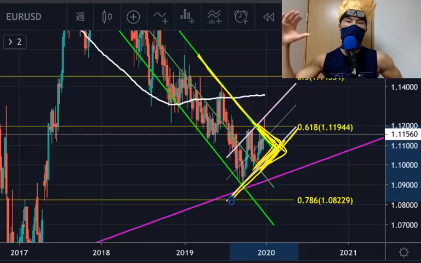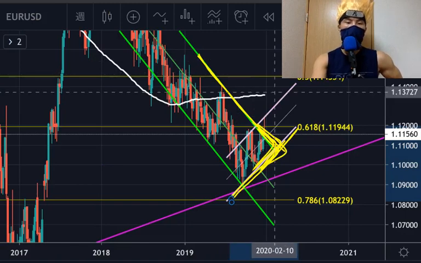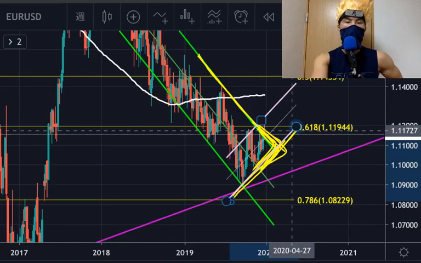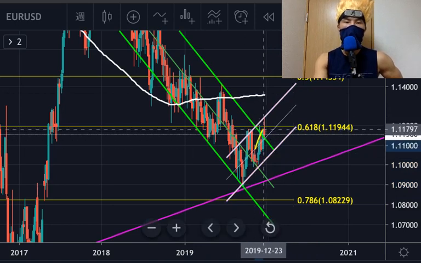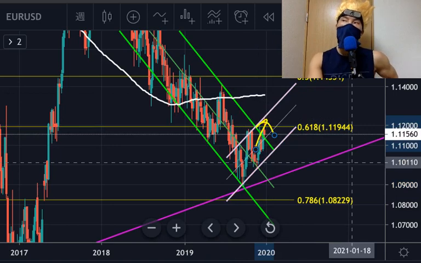The candlesticks always reach the triangle, and here the candle broke out. But the breaking out of the triangle doesn't directly mean the trend has changed. Not yet.